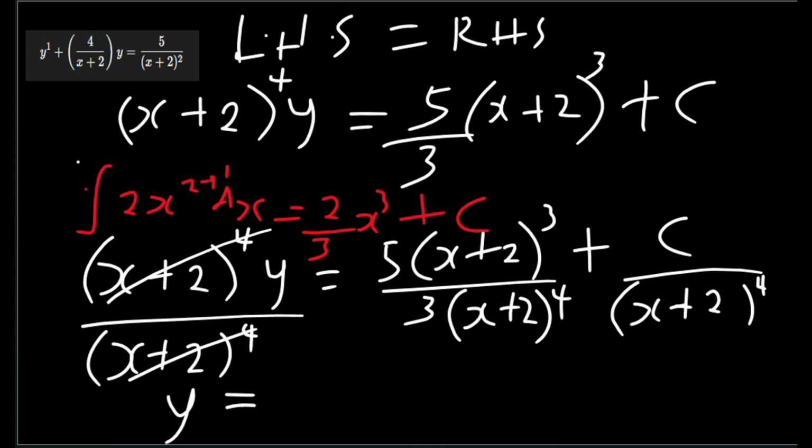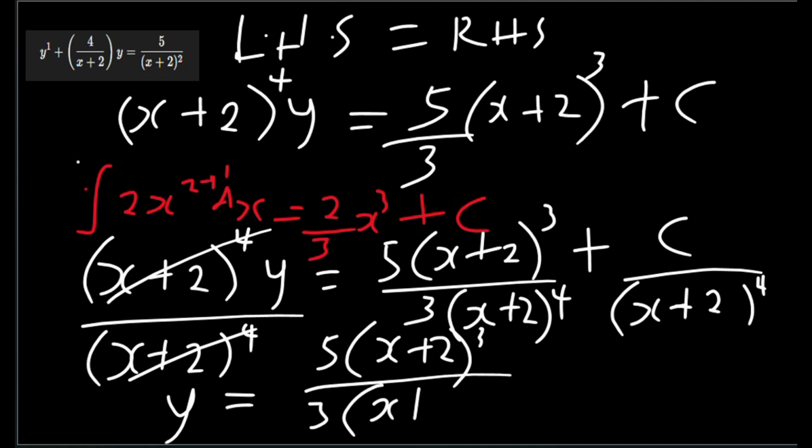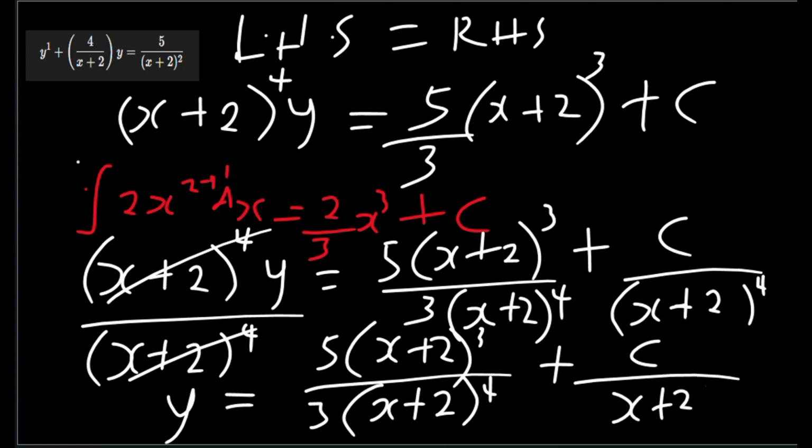So we can write this as y is equal to 5(x + 2)^3 over 3(x + 2)^4 plus our constant c over our denominator (x + 2)^4. Good. So you can leave your answer here, but you can still break it down further.